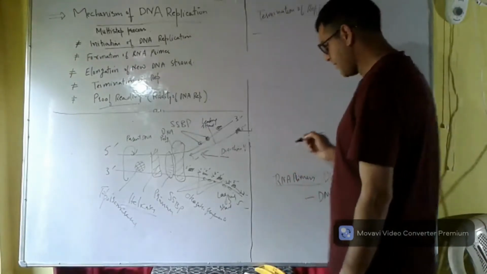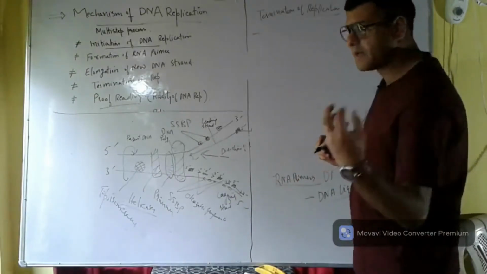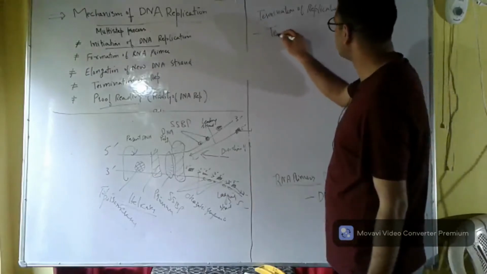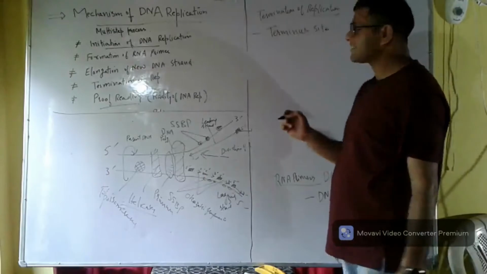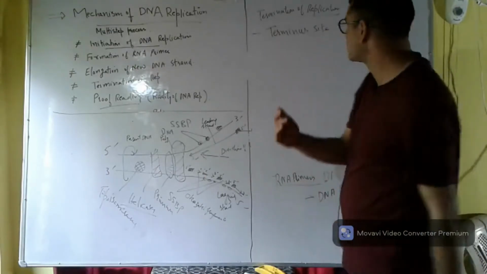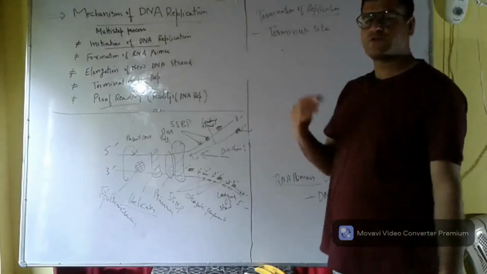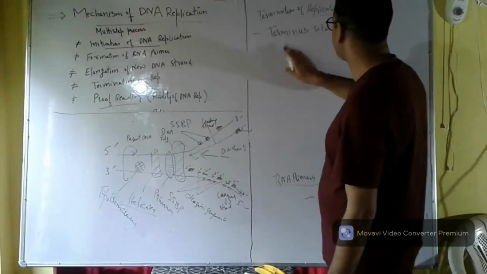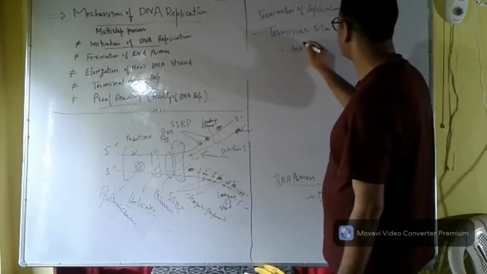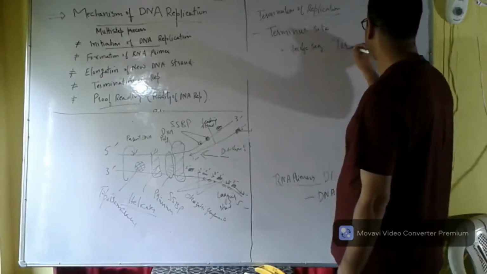DNA replication terminates at a specific site that is known as the terminus site. This terminus site represents where DNA replication stops. This terminus site has a specific sequence, which is called the TER sequence.